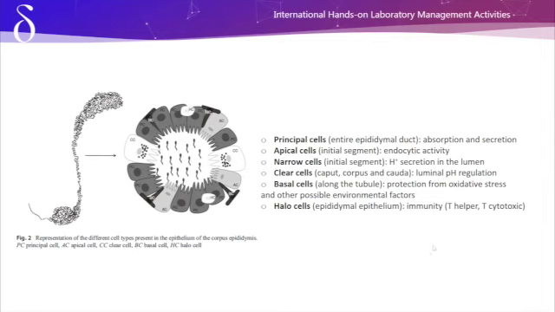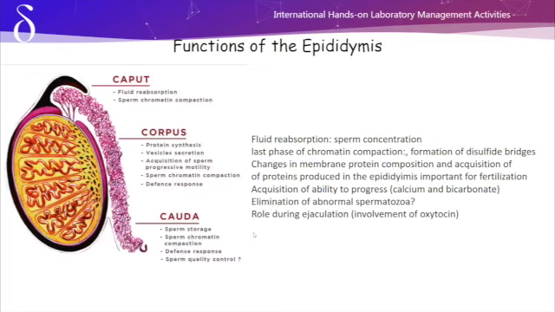Halo cells that are present in the epididymal epithelium are cells like T helper, T cytotoxic, and are involved in protecting from the generation of anti-sperm antibodies.